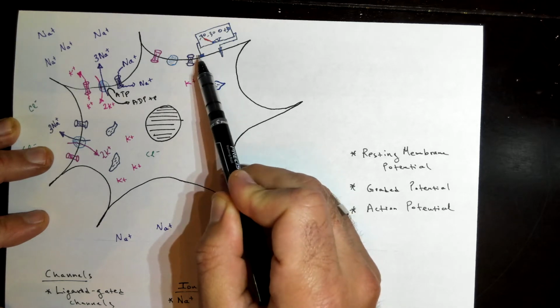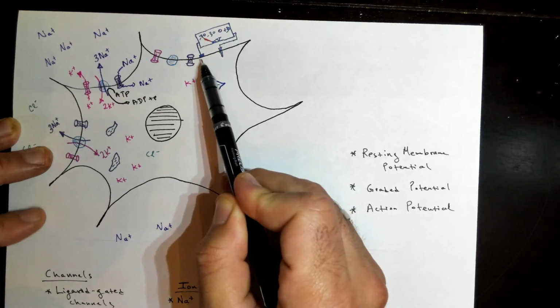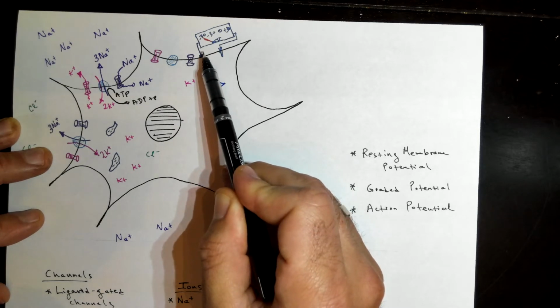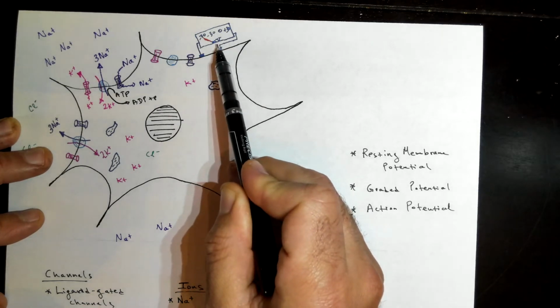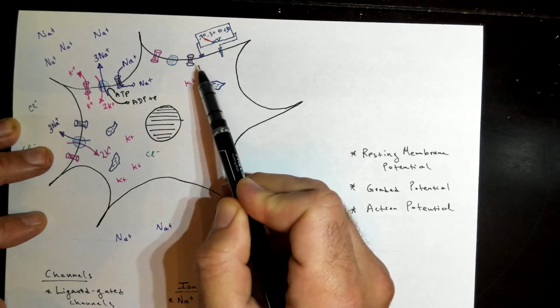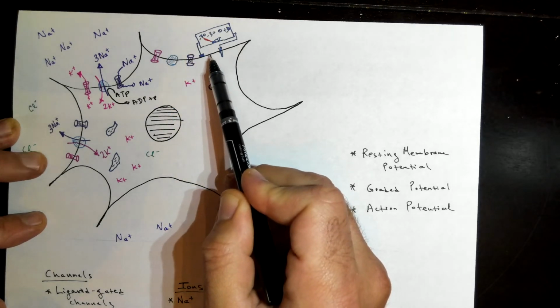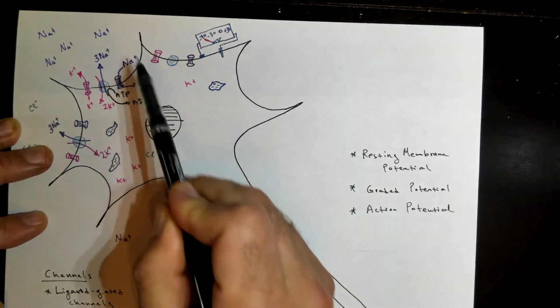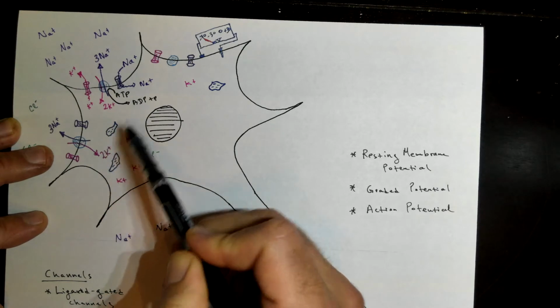And these two sensors are going to see what the difference is between the inside versus the outside in terms of voltage. And this type of voltage is an electrical idea in terms of the potential that I was referring to with these charged particles either inside or outside of the cell.